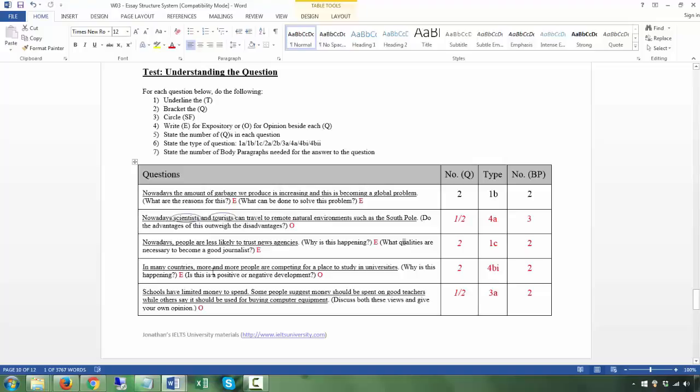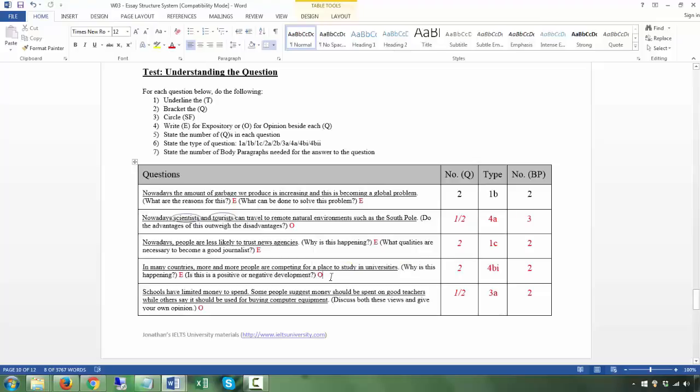In many countries, more and more people are competing for a place to study in universities. That's the T. Why is this happening? Is this a positive or negative development? So here you have 2 Qs, and this is an expository because why is this happening is a cause. Is this a positive or negative development? This is an opinion.